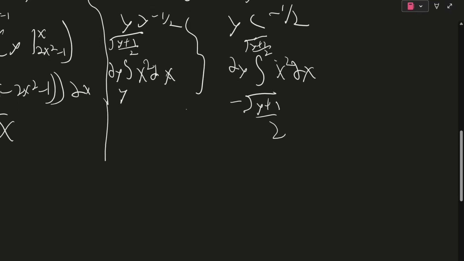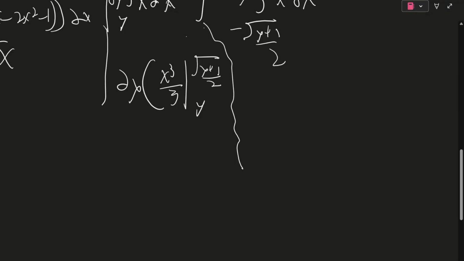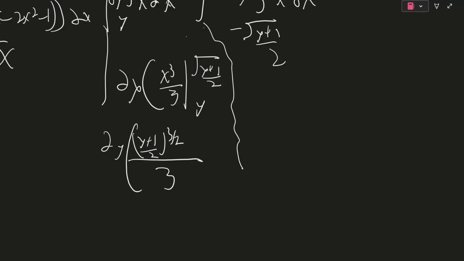So this is going to turn into dy times x cubed over 3, evaluated from square root of y plus 1/2 to y, which is now going to be dy times, this is all over 3, y plus 1/2 to the 3/2 minus y cubed.